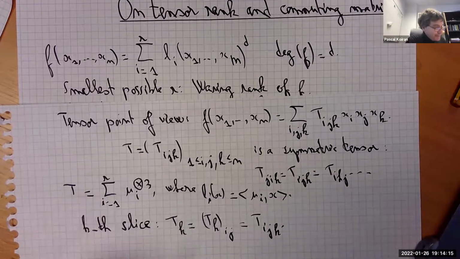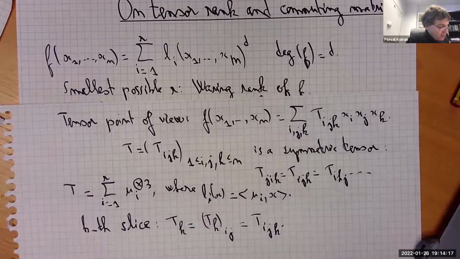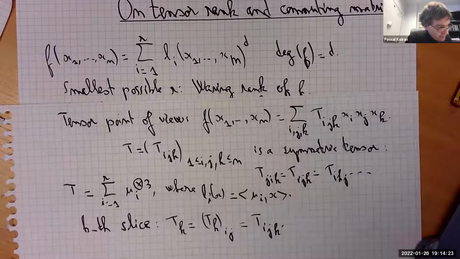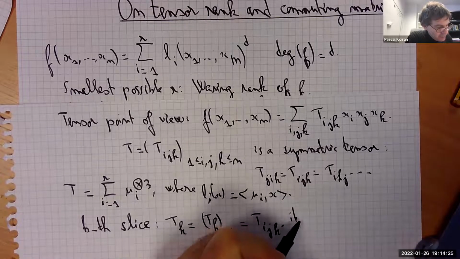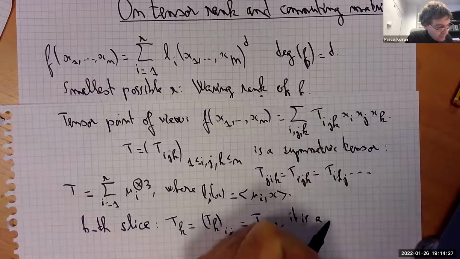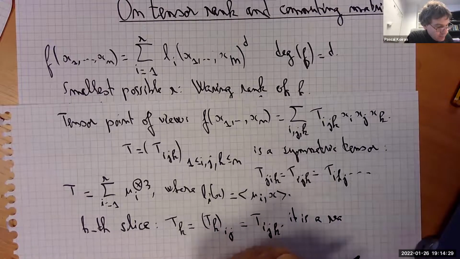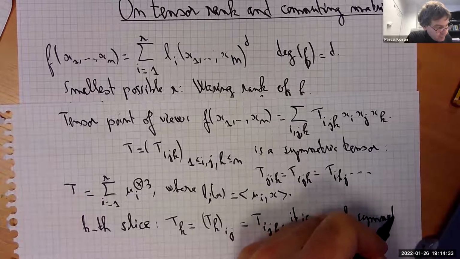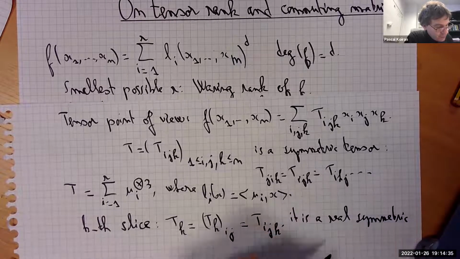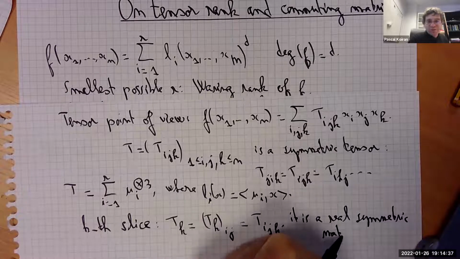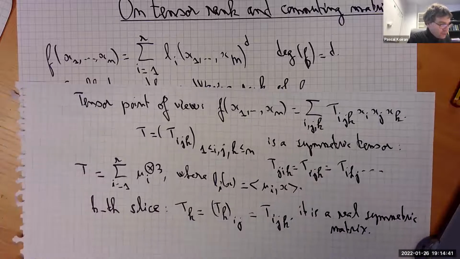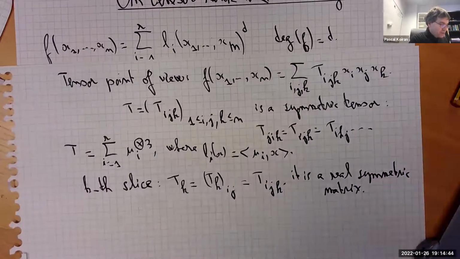Since my tensor is symmetric and real, this is a real symmetric matrix. And as you all know, real symmetric matrices have nice properties. That's why working over the field of real numbers is nice.